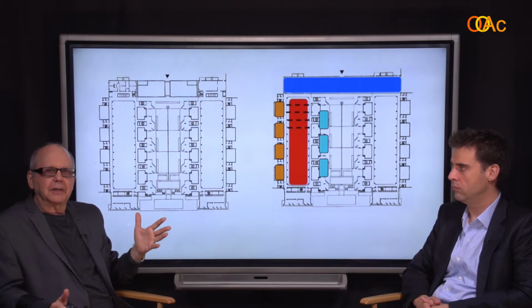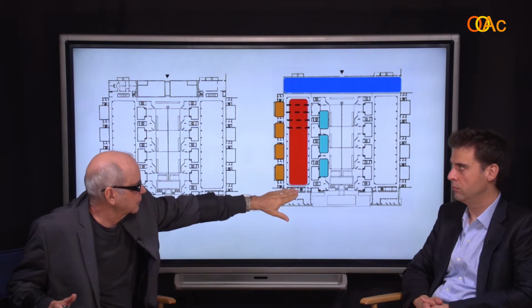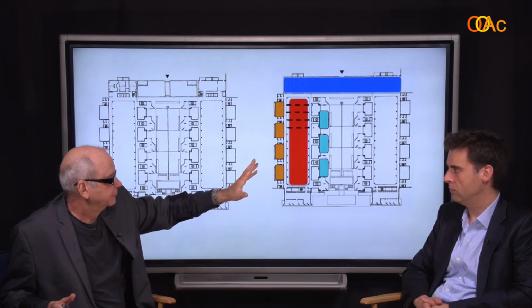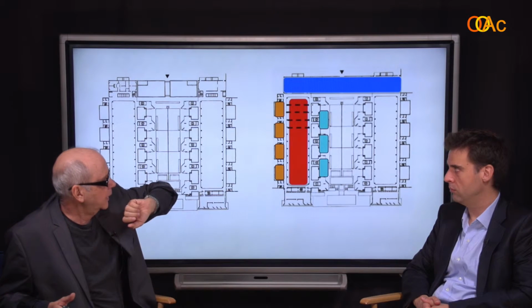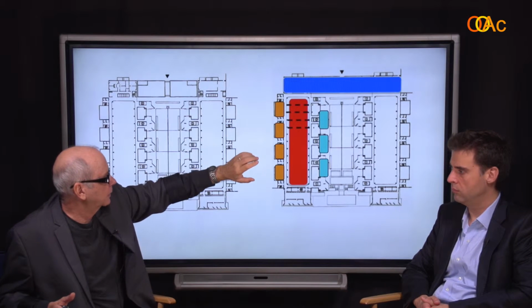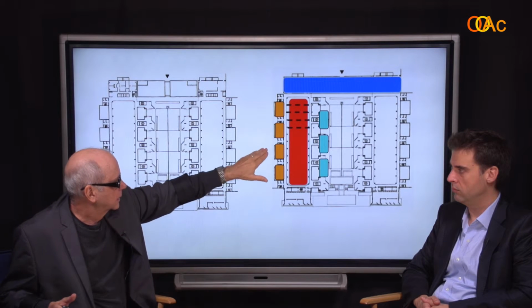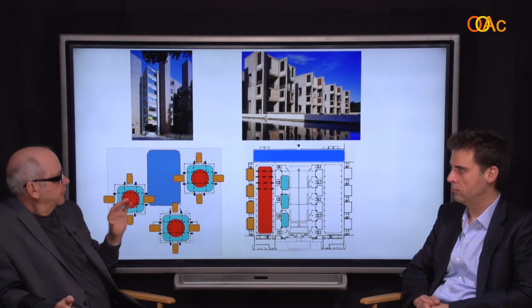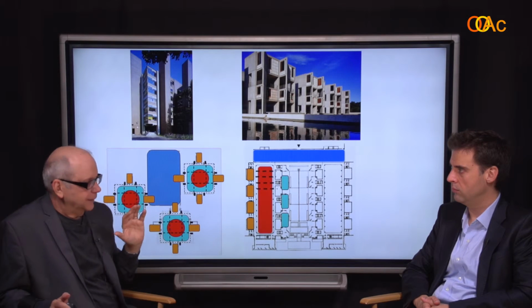So here's this plan, and we have the laboratories in red, familiar. The teal is the offices for the researchers. The blue is the mechanical, and then services here.